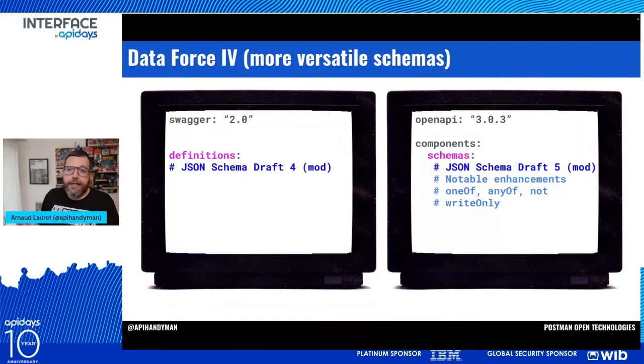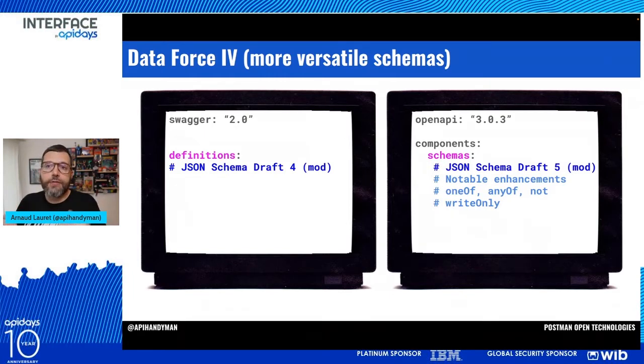Let's talk about data now. Actually, we could do several sessions about the improvements regarding the definition of data in OpenAPI 3. I only have 20 minutes, so I will try to focus on the main elements. The first one is that with OpenAPI 3, we have a better and newer JSON schema-ish, in the sense that we move from JSON schema draft 4 to JSON schema draft 5.